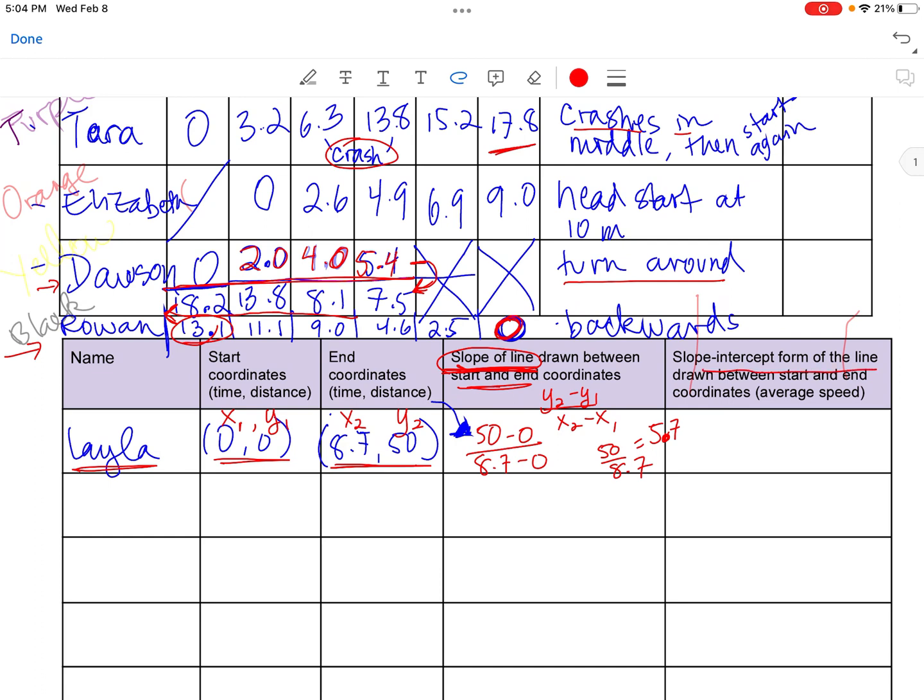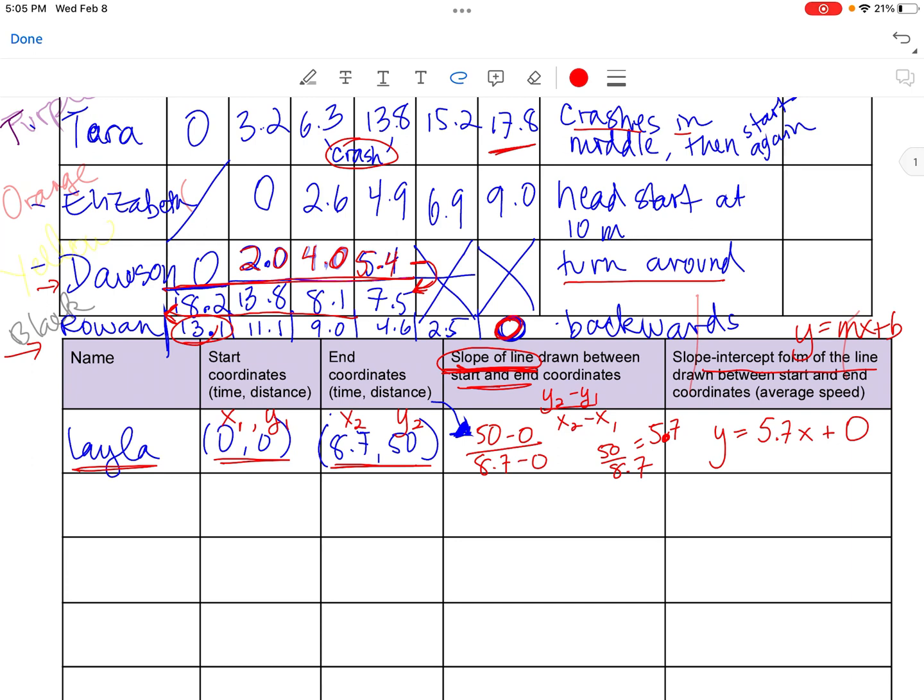The slope-intercept form of the line, remember, is y equals mx plus b. So it's going to be y equals, we found the slope, 5.7x, and then b is the y-intercept. Layla's y-intercept was 0 since she started at the start.